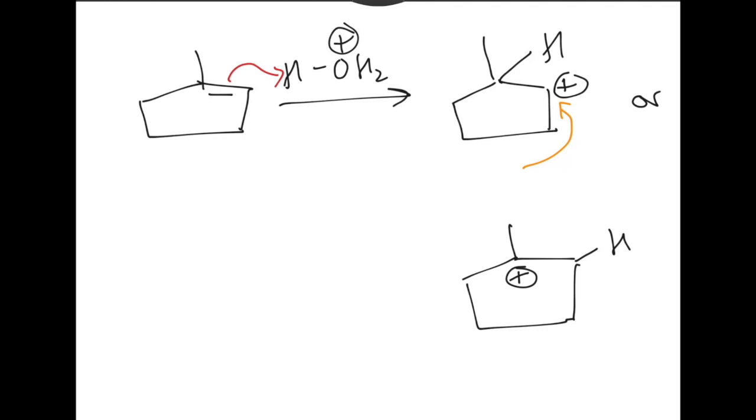It is a secondary carbocation. It's bonded to two different things. That's secondary. What kind of carbocation is that one? It's tertiary. All right. That's a tertiary carbocation. Which one's more stable? Tertiary.